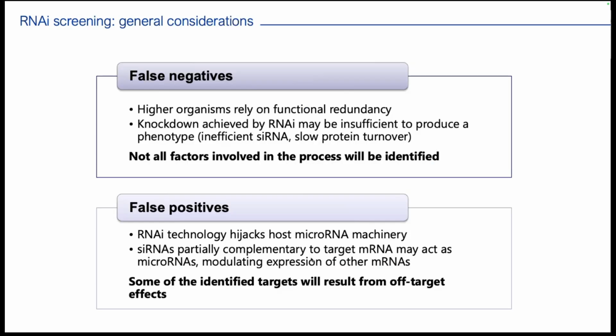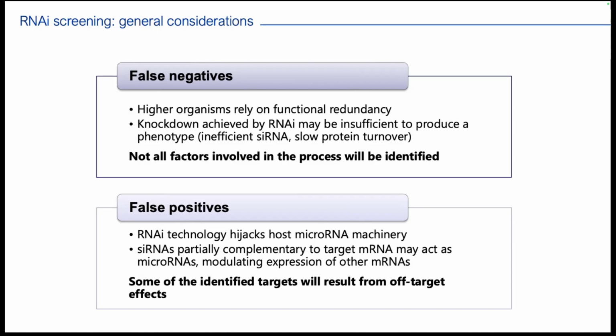So what should we consider and what is the consequence of all this to screening? We'll always have false negatives and false positives when we're using sRNAs and these types of methodologies. False negatives here come mostly from the fact that our organisms are highly redundant. We're silencing one gene at a time, or knocking out one gene at a time. So if we have two genes that perform the same function, if we knock down one, the other one will cover, and the same the other way.